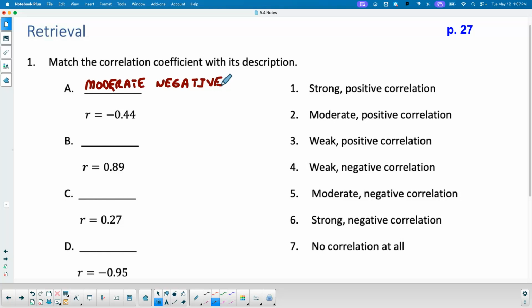B? Strong positive? Yeah, I'd go strong positive there. C?